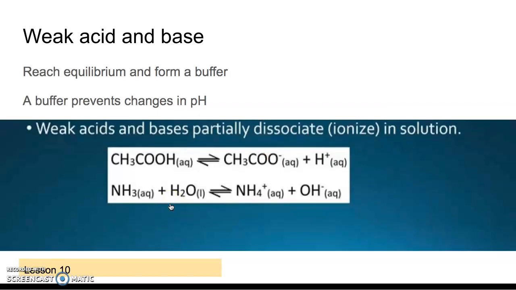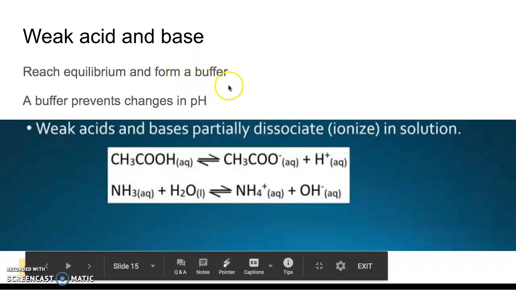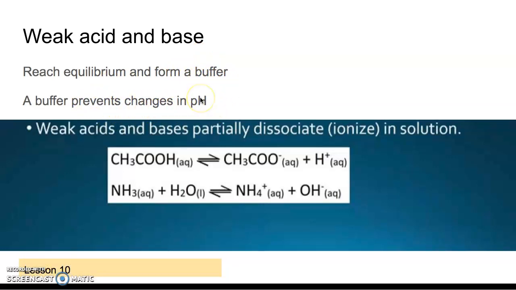So next, what happens when a weak acid and a weak base come together? When they come together, they reach equilibrium, and what they form is what we call a buffer. A buffer is anything that prevents changes in pH, and we're going to talk about pH later on. So this is a weak acid, this is acetic acid.